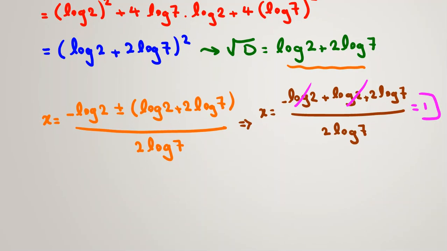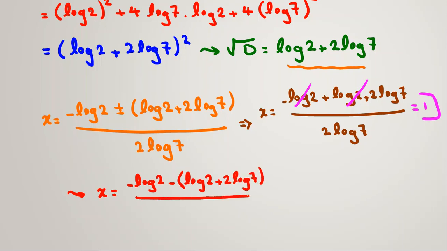So now I want to focus on the second answer. Our second answer is negative log 2 minus log 2 plus 2 log 7, all over 2 log 7.